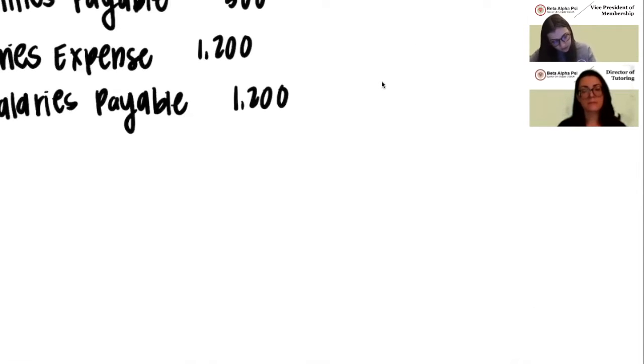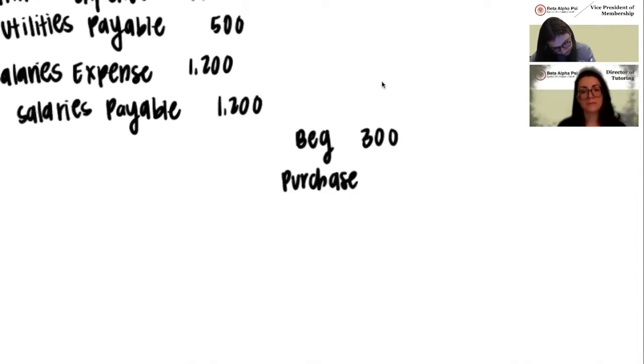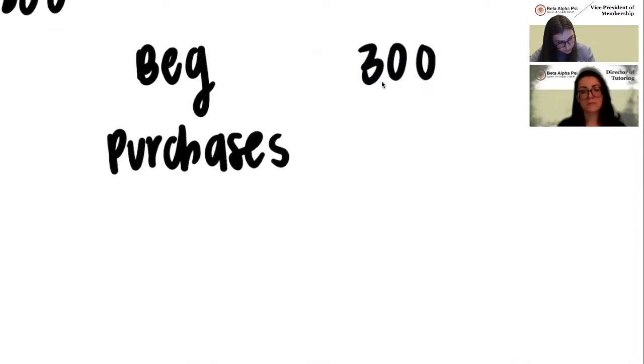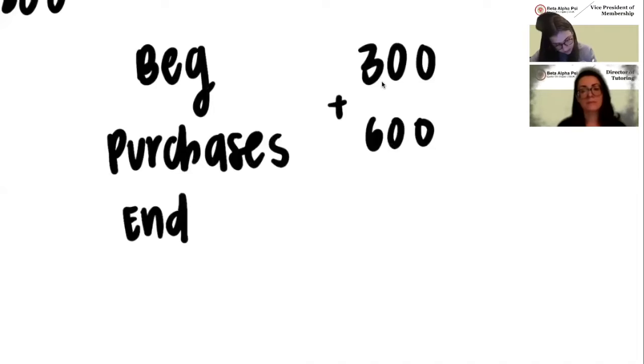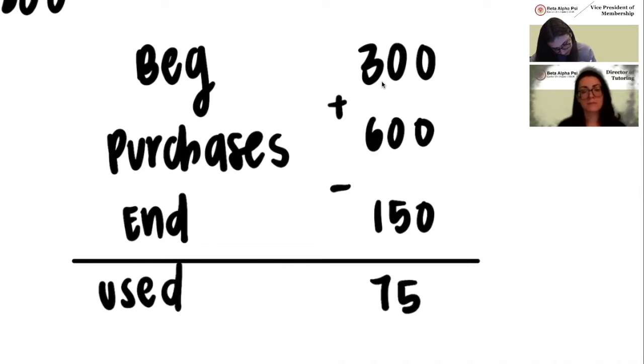So if our beginning balance was 300, our purchases were 600. We need to add those in because that's adding to our supplies. And then we have an ending balance of 150. And so we need to subtract that to figure out how much of this we've used. It's going to be 750.